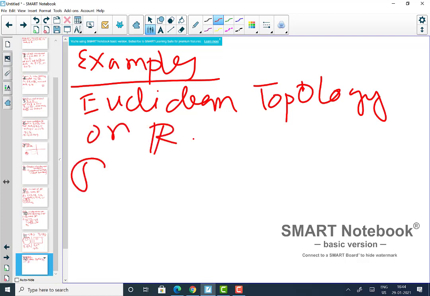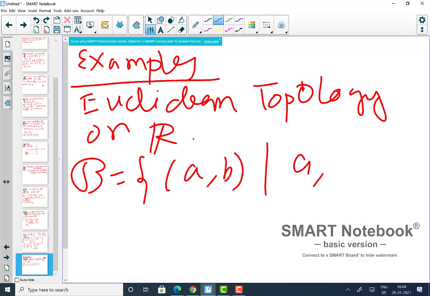The basis is nothing but the collection of all open intervals of this form, (a, b), where a is less than b, and a, b are elements of R.